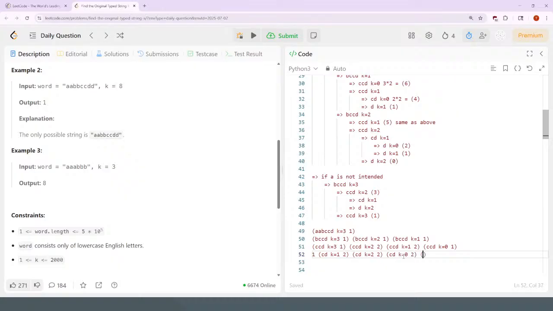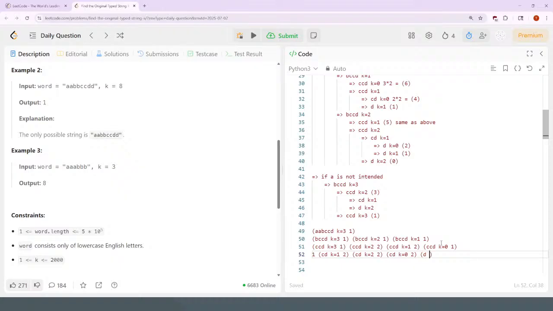And then, or if the first one is non-intended, the second one's non-intended, then it'd be D. First one's non-intended, the second one's non-intended.